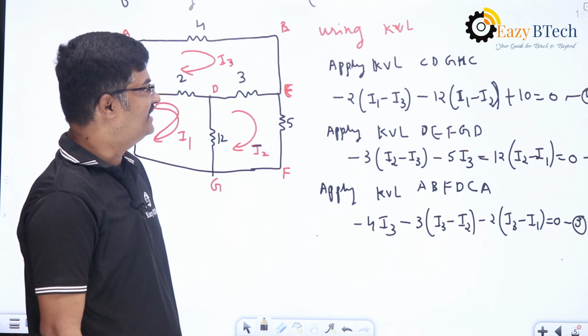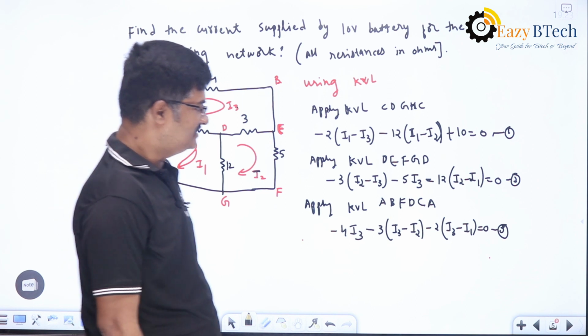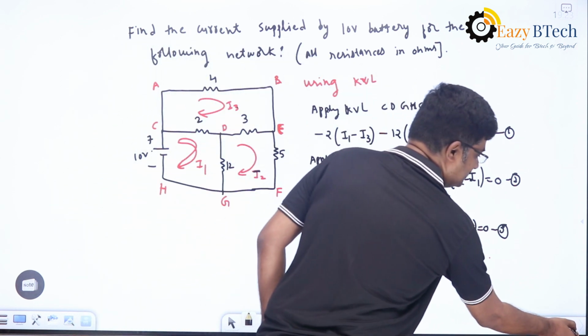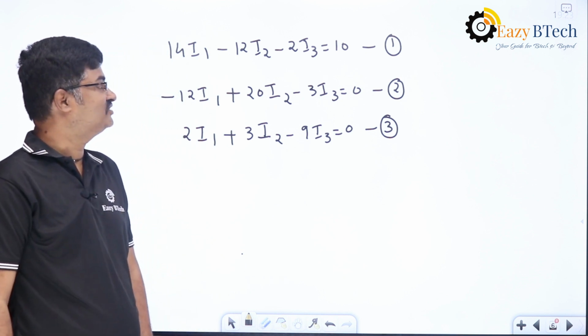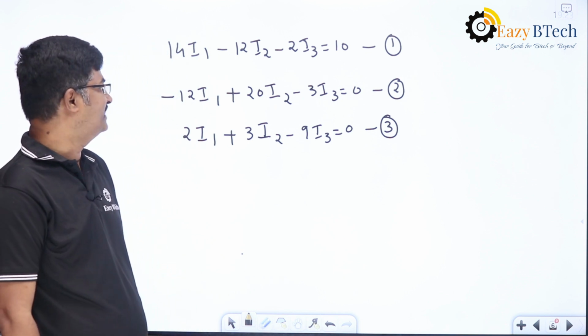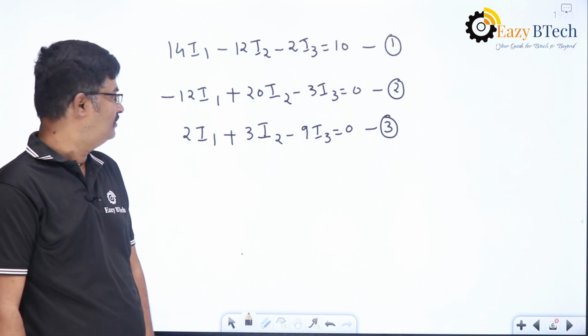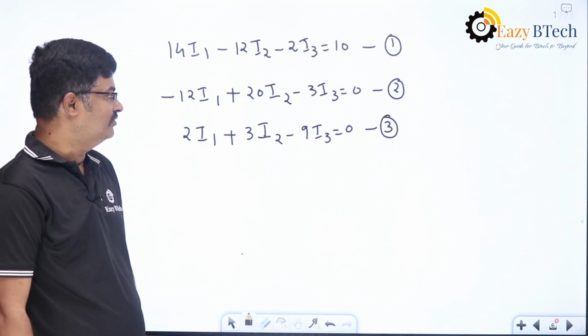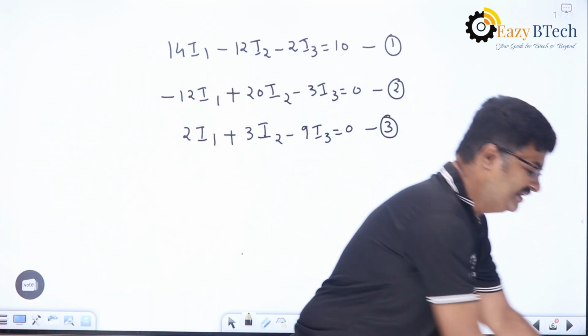So after writing my KVL equations and simplifying, I got equation 1 as 14I1 minus 12I2 minus 2I3 is equal to 10. Minus 12I1 plus 20I2 minus 3I3 is equal to 0. 2I1 plus 3I2 minus 9I3 is equal to 0. That is nothing but simply my third equation.